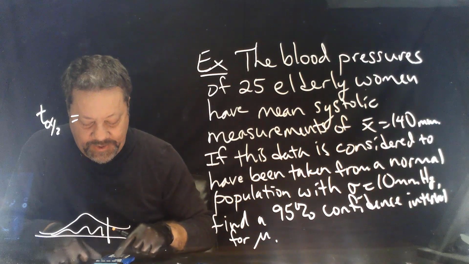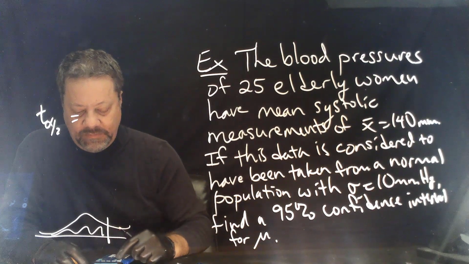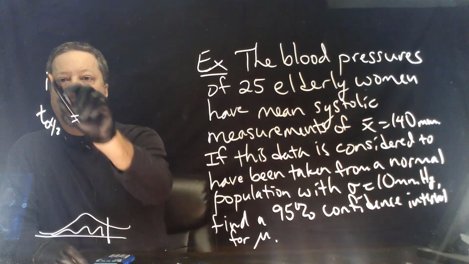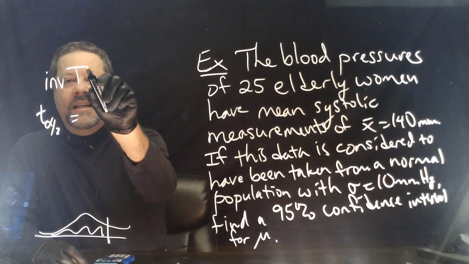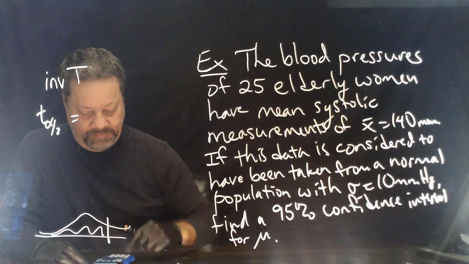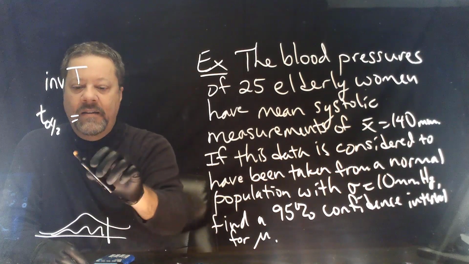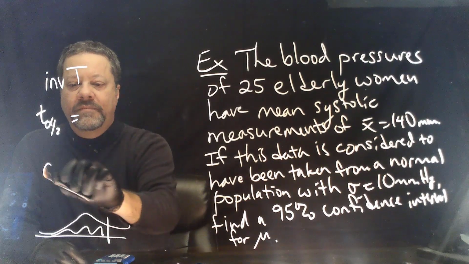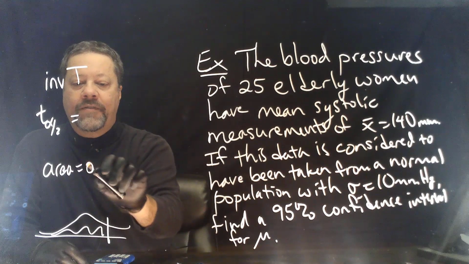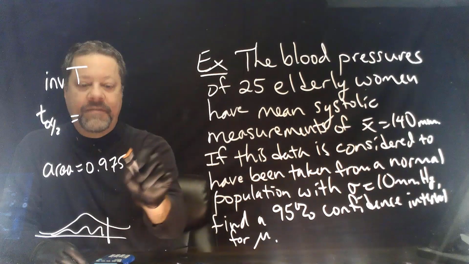So I'm going to go to second distribution. It's inverse T this time. The area is, of course, 0.975.